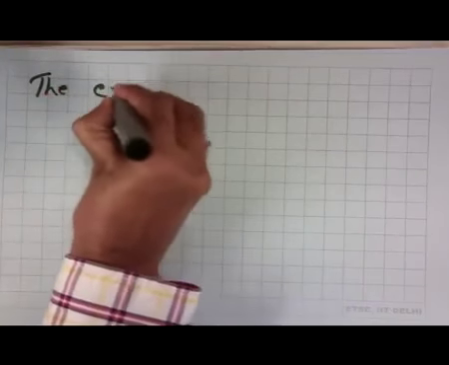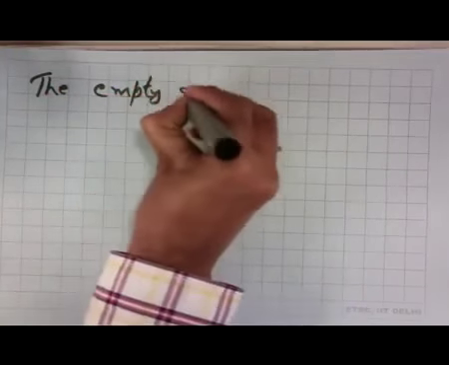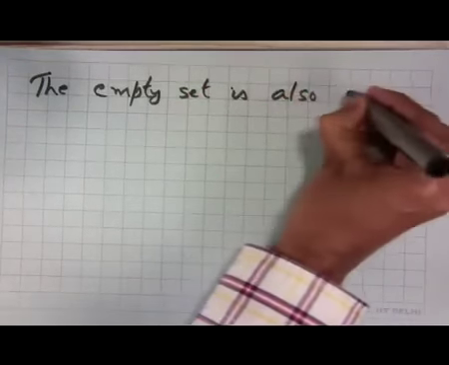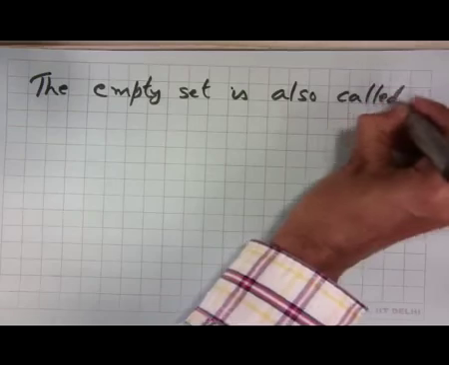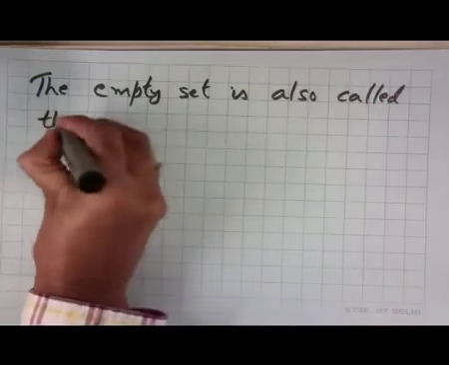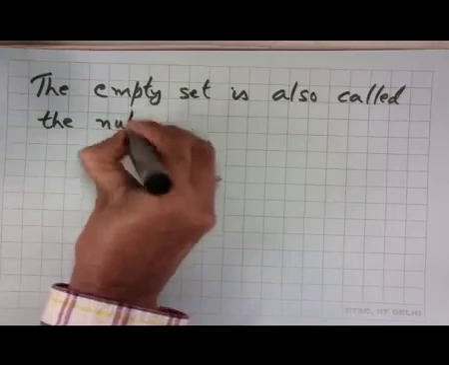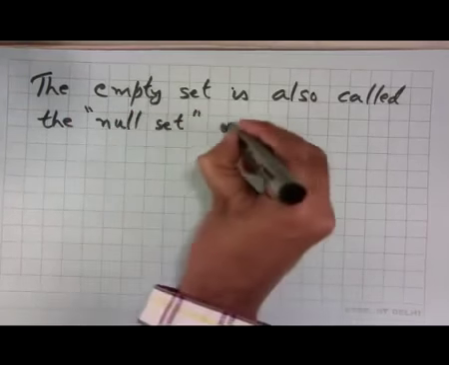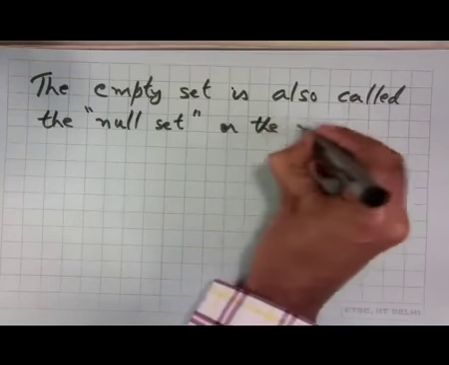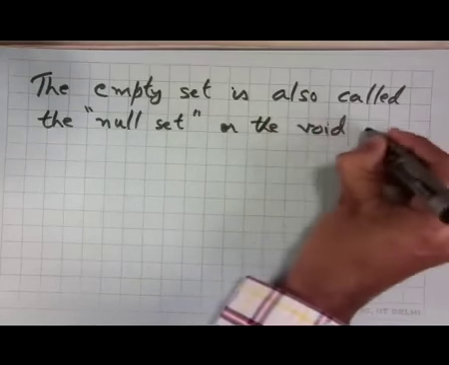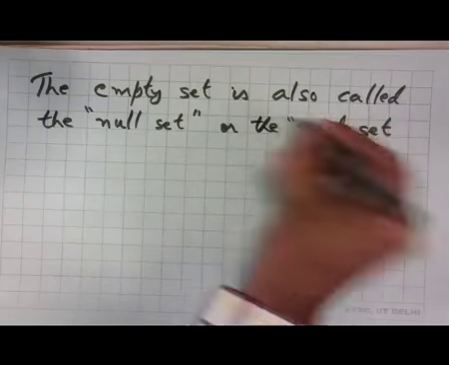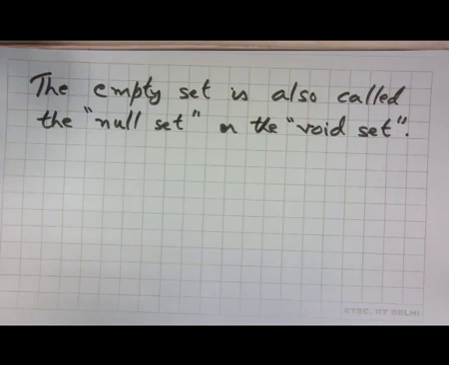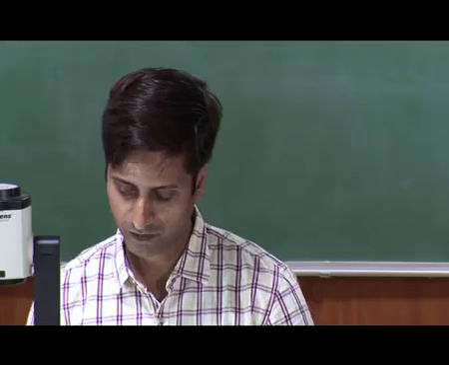The empty set is also called the null set or the void set. So, if you see these terms, they mean the empty set itself.